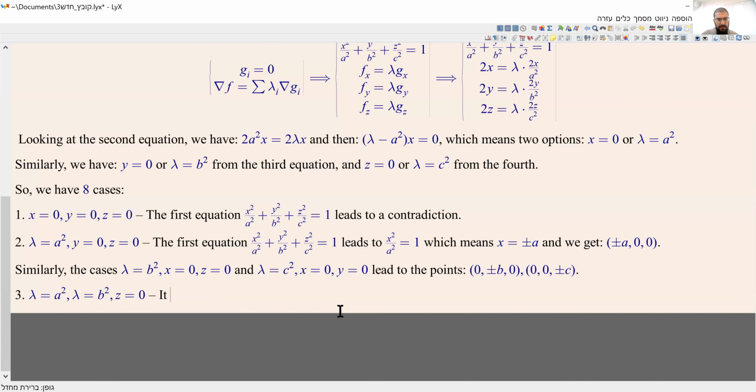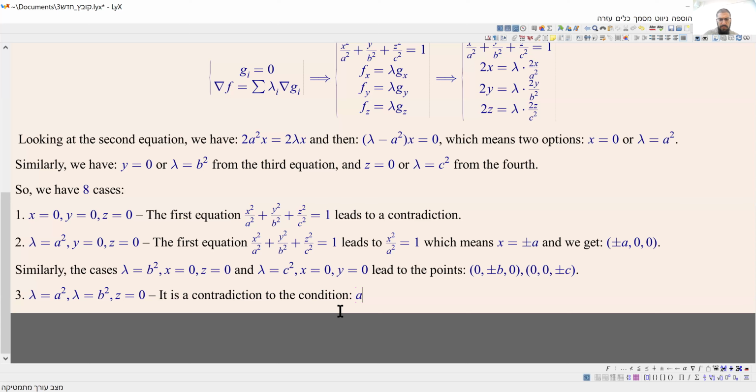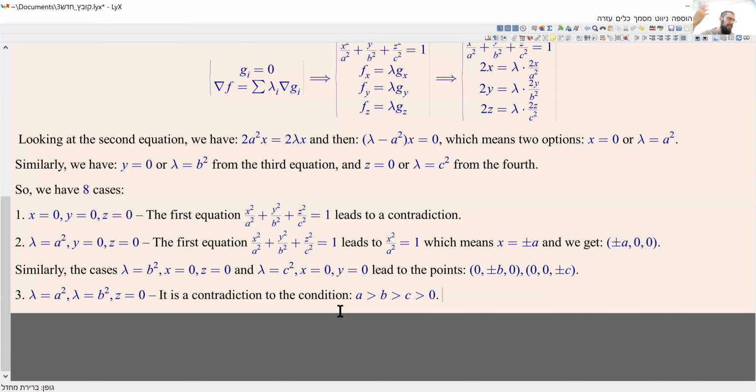So it is a contradiction to the condition a greater than b greater than 0. I mean, 2 is greater than minus 2, and nevertheless they have the same square, but where they're positive on one hand and one is greater than the other on the other hand, it cannot be the same lambda.